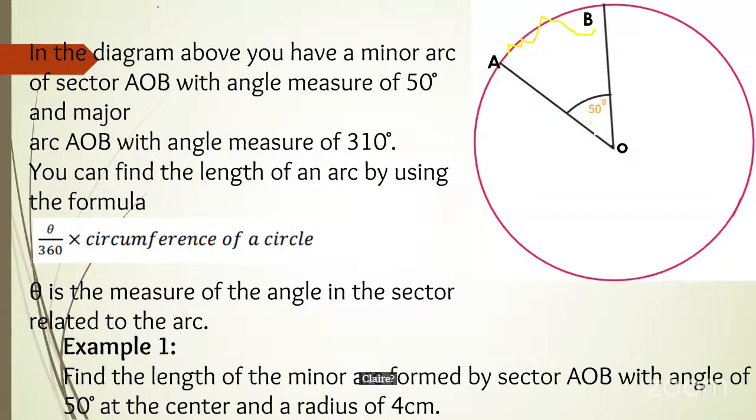Yes, miss. Hold on, let me get this out of the way. All right, so we're looking to find this section here. What is the angle that is represented in that section? 50 degrees, miss.